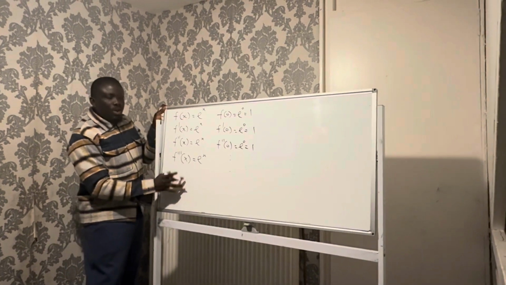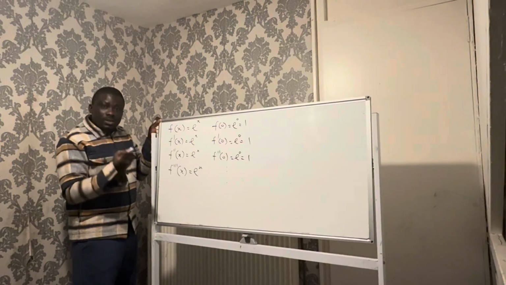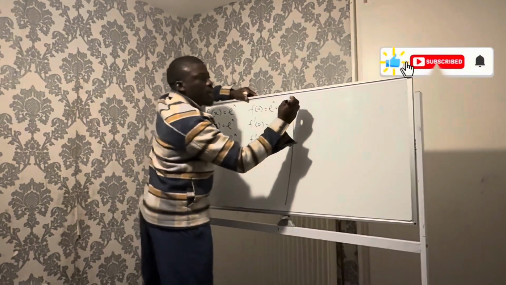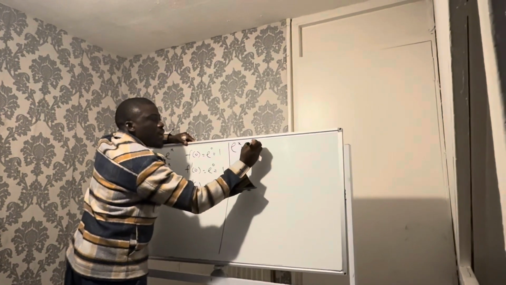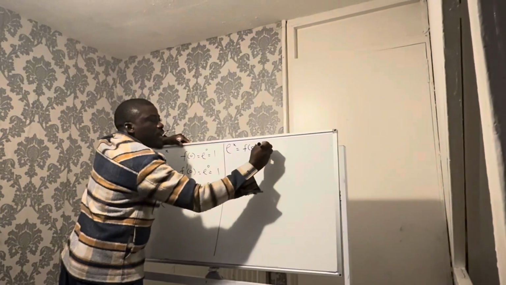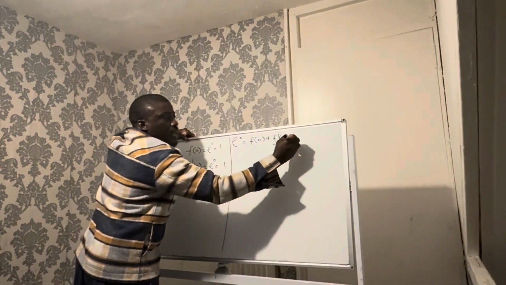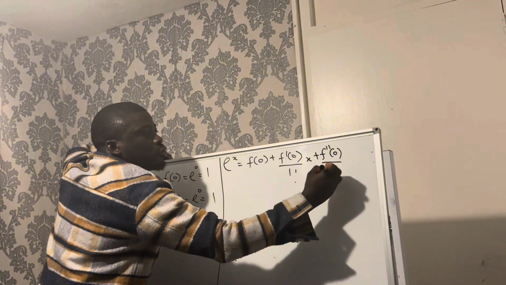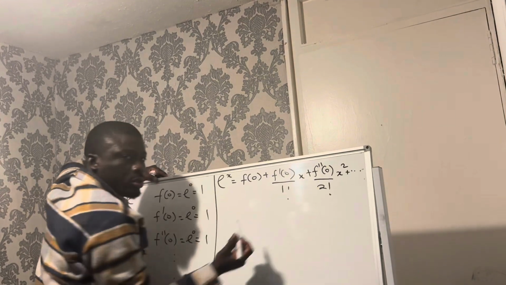Now with this, we can obtain our series solution. e raised to power x is equal to f of 0 plus f prime of 0 over 1 factorial x plus f double prime of 0 over 2 factorial x squared, and so on.